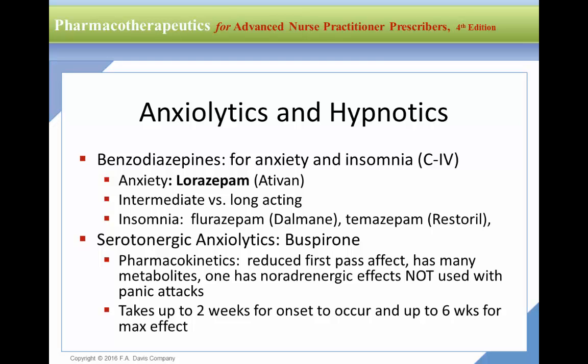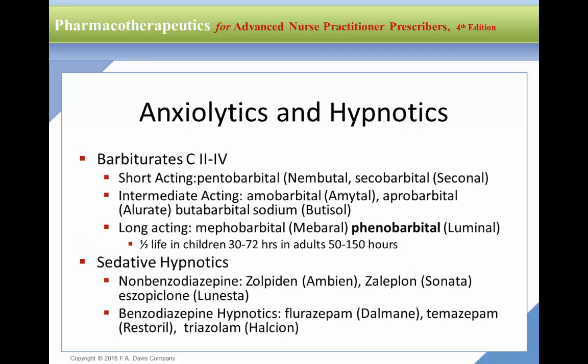For insomnia, you could use flurazepam Dalmane or temazepam Restoril, but again, you could also use serotonin anxiolytics, of which Buspar is one of the best. Other second and third line treatments could be barbiturates as well as the sedative hypnotics already discussed.